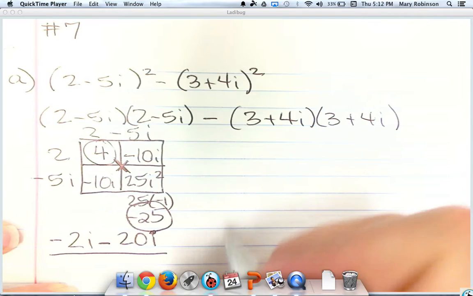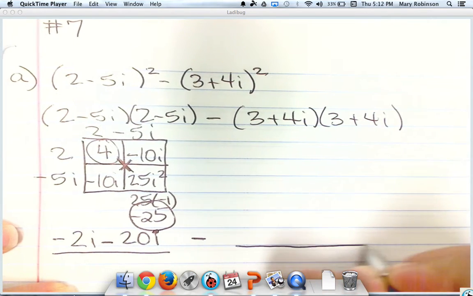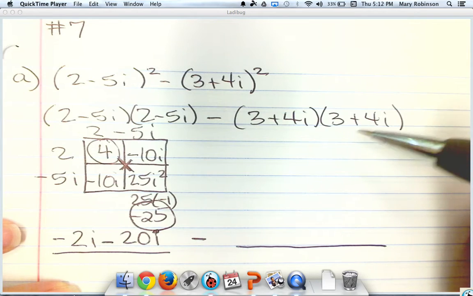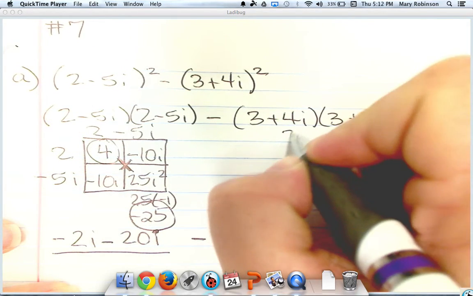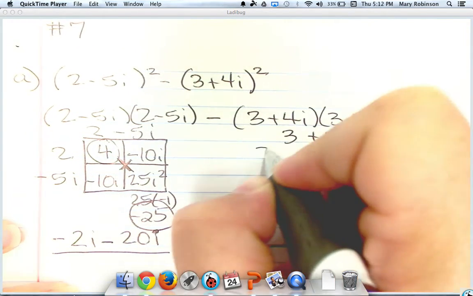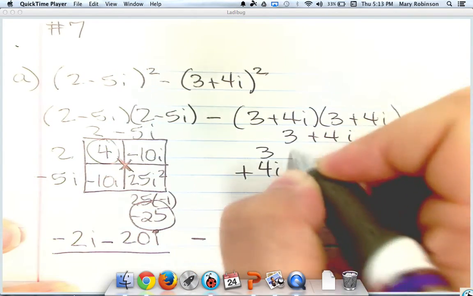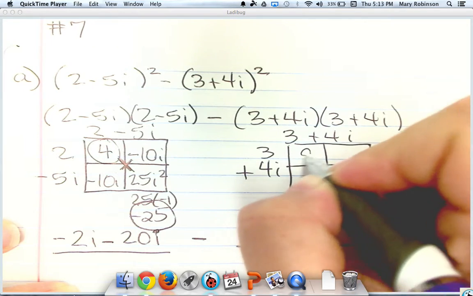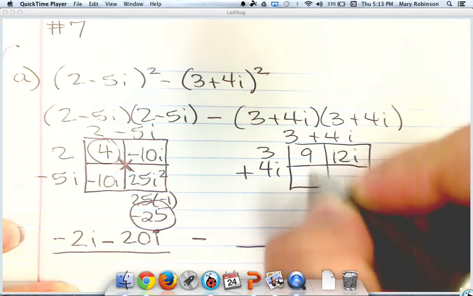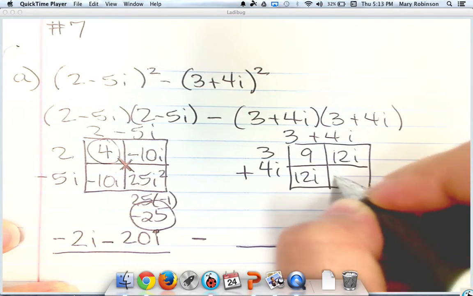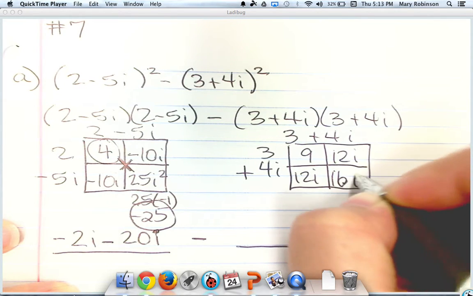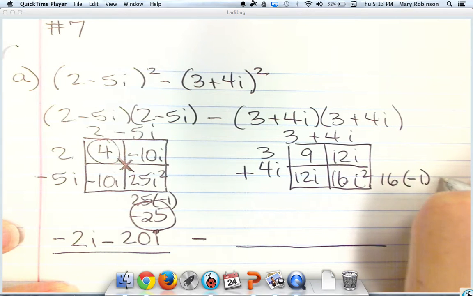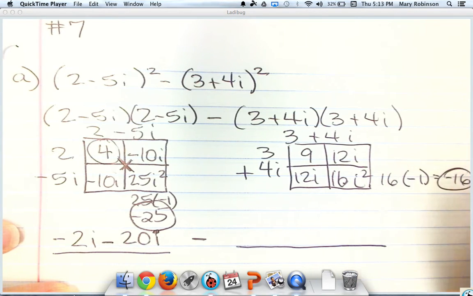Then I'm going to subtract whatever's in this blank that I get when I multiply 3 plus 4i times 3 plus 4i. So I'll set up the box again. Three times 3 is 9, 12i, 12i, 16i squared, where 16i squared is 16 times negative 1, which is negative 16.